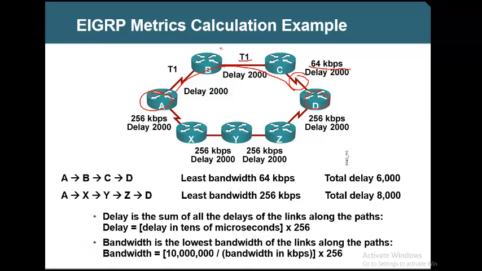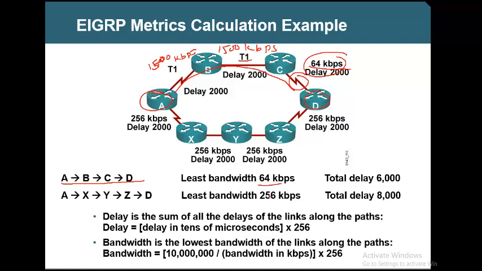T1 means 1500 kilobits. So which is the slowest link? This is the slowest link. That is why going via B and C, the bandwidth is only 64.